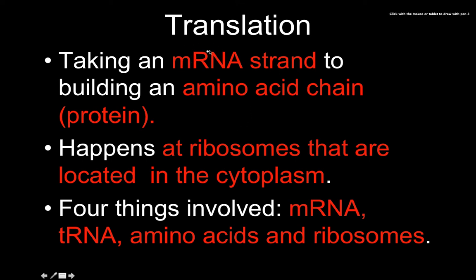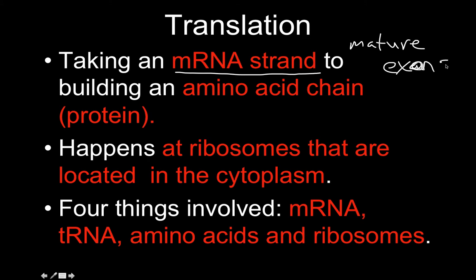Ultimately, like we said before, translation is taking an mRNA strand, and remember, this is a mature mRNA strand that only has exons. Okay, all the introns have been spliced out by the spliceosomes. So translation takes a mature mRNA strand and makes an amino acid chain. So those chains of amino acids that are connected together, that is what a protein is, a chain of amino acids.